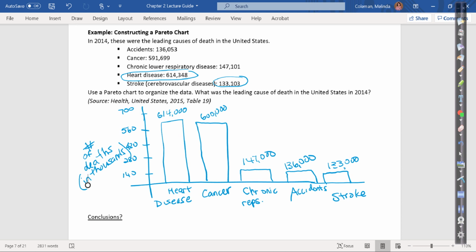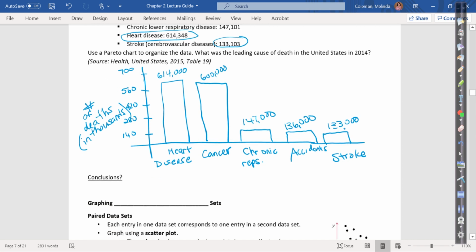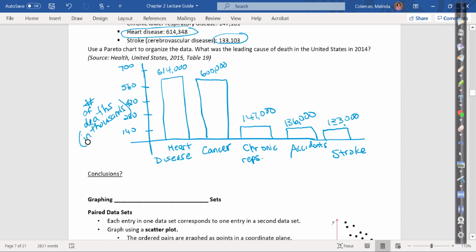So again, as you're looking through this, largest to smallest, you can see it's a really quick visual of which is the leading cause of death in the United States. It's also a little easier to maybe draw conclusions now because you can look at the difference in the heights in this case. You can say heart disease and cancer contribute to nearly 3 times what everything else does.